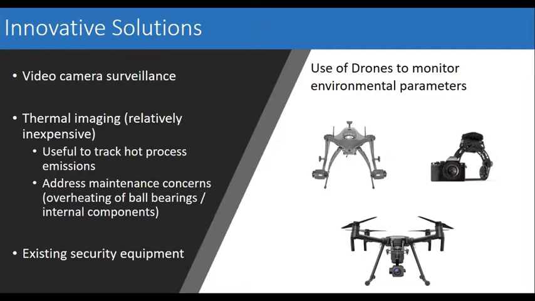Real-time data can be collected, and this is especially useful when the facility is large and has several potential leakage points. This is emerging technology that is just being introduced into the market.